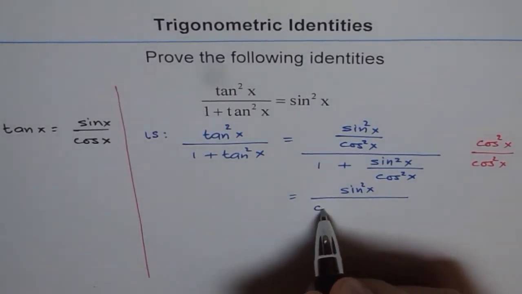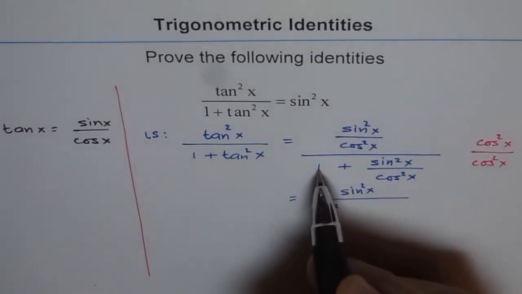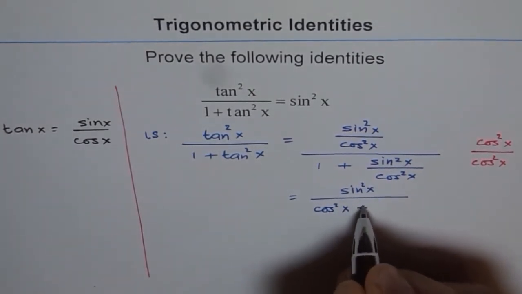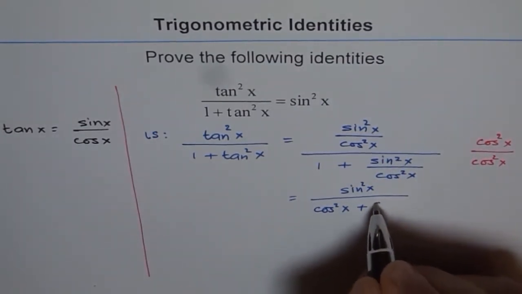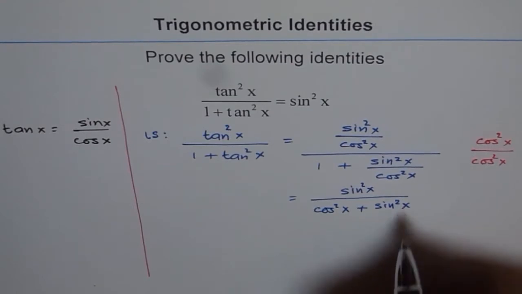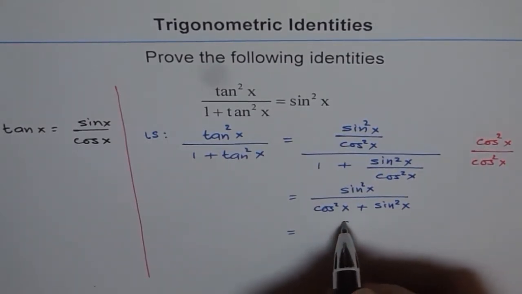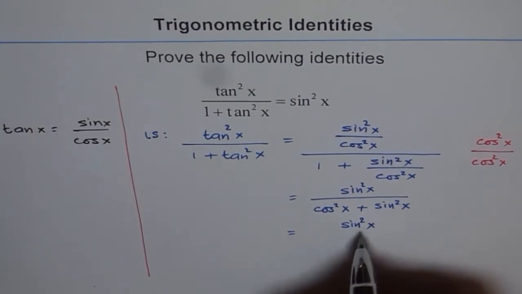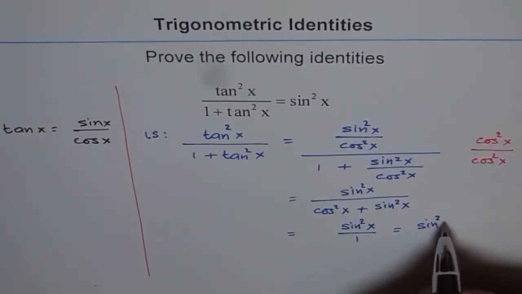So you get cos squared x times 1 is cos squared x, plus here it gets cancelled, so you get sine squared x. Is that okay? Now you know cos squared x plus sine squared x is 1, so you get sine squared x over 1, which equals sine squared x.